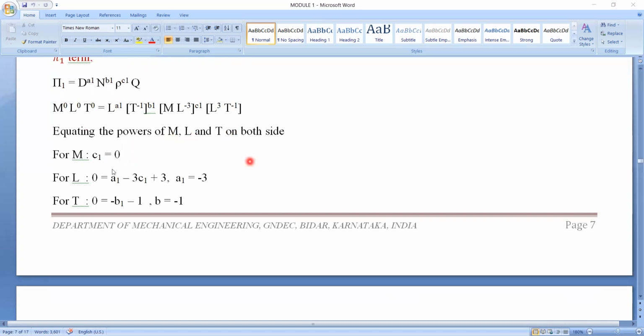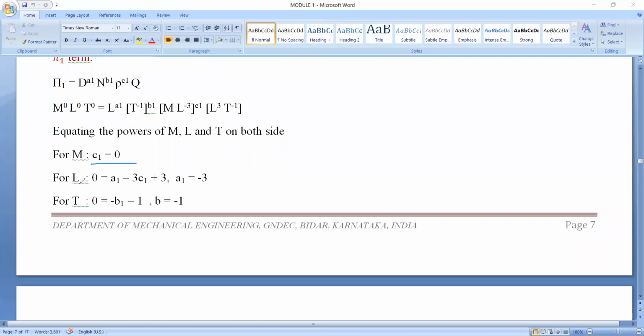Now, equating the powers for M, L and T. If we equate the powers of M, on the LHS we have 0 and on the RHS we have M to the power c1. So c1 equals 0.